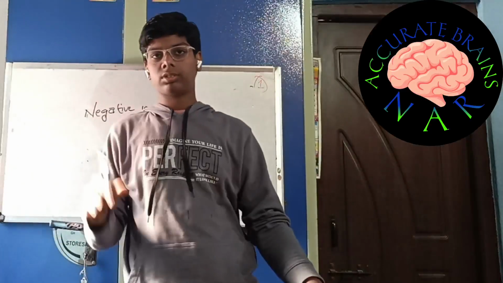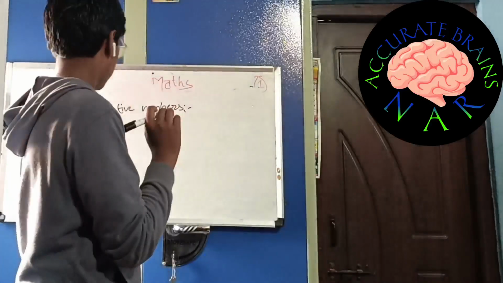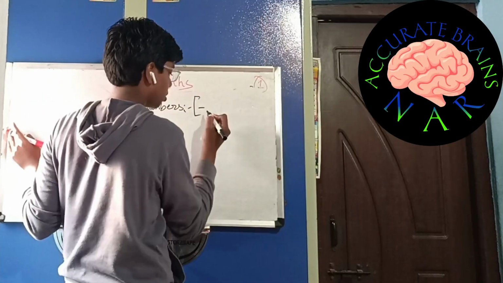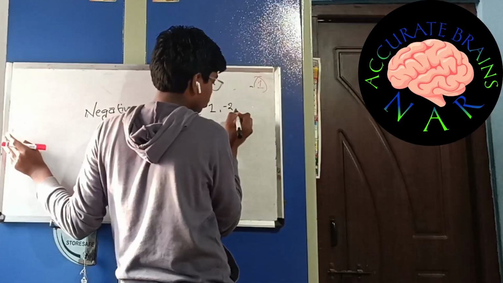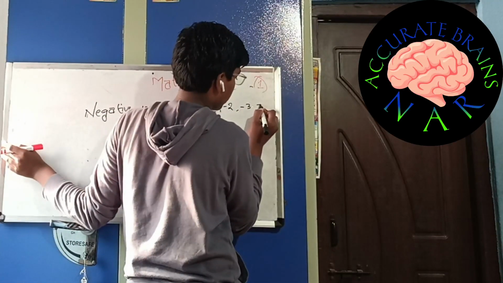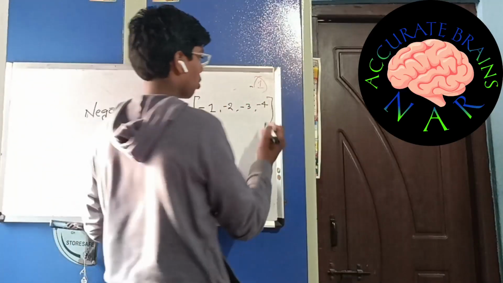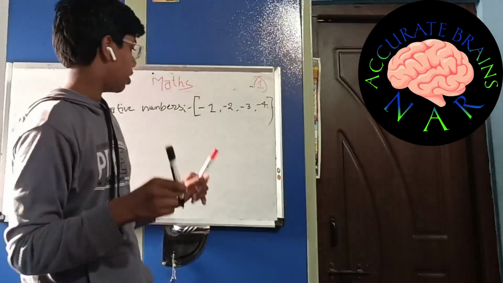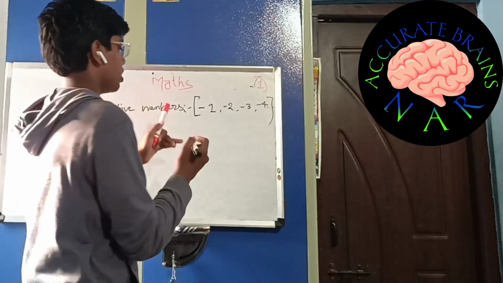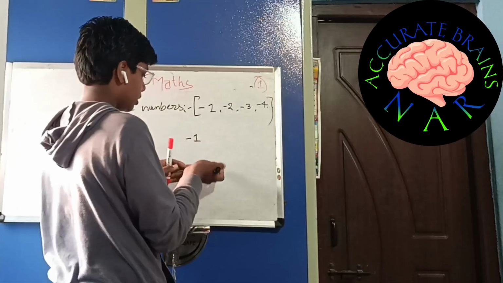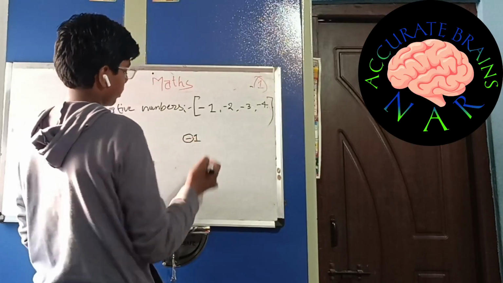So here negative numbers come into play when there is a sign called minus, right? So -1, -2, -3, -4, and so on. If we check this, before 1 there is a symbol called minus.